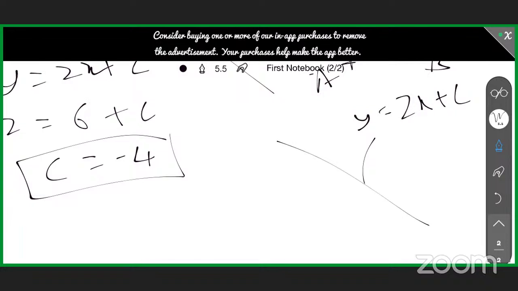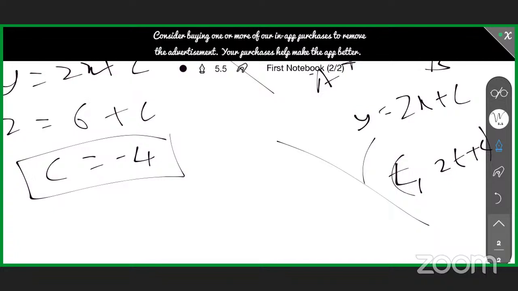That means any point on this line will be of the form: if I take x as t, then y will be 2t plus c. If I give a value, if x is equal to 1, y will be 2 into 1 plus c.